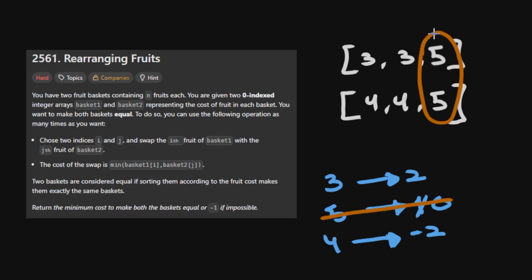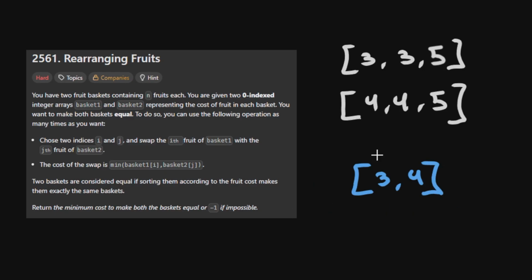Here we have 2 5s, and we need to swap 2 divided by 2 3s, meaning 1, and 2 divided by 2 4s, meaning 1. So now we are putting this in an array, and now we are iterating this up to half the size of this array.